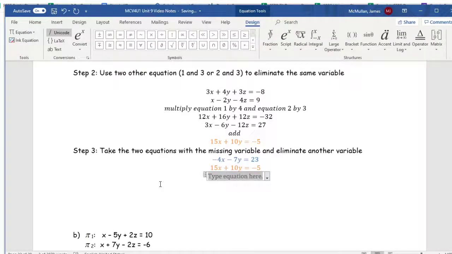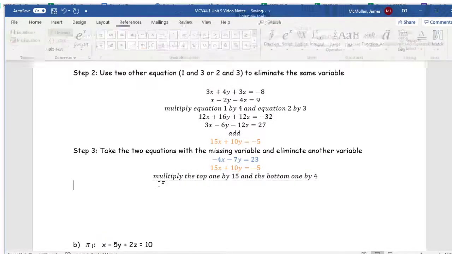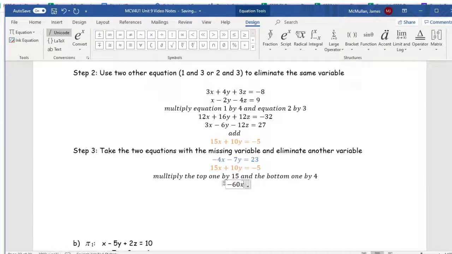So what I'm going to do, it's not particularly easy to work with either of them, so let's say multiply the top one by 15 and the bottom one by 4. Okay, the top one times 15. Negative 60x minus 105y is equal to 345.